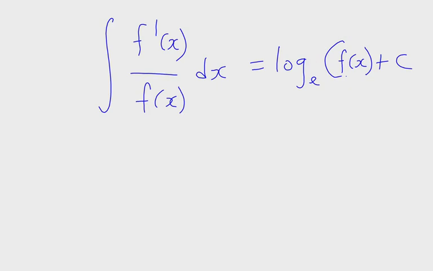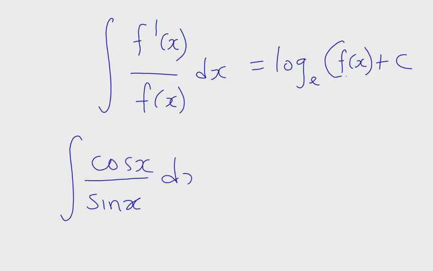An example is the integral of cos x divided by sin x. Observe this as f of x, so f prime of x is cos x, because when you differentiate sin x, you are going to have cos x.